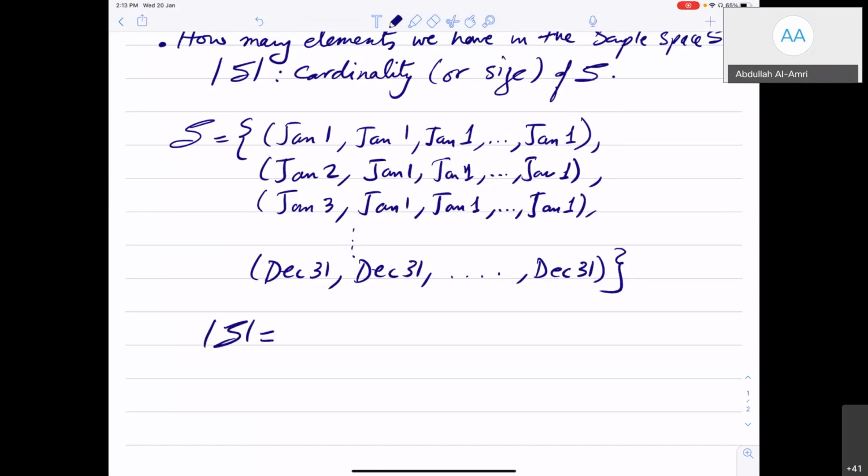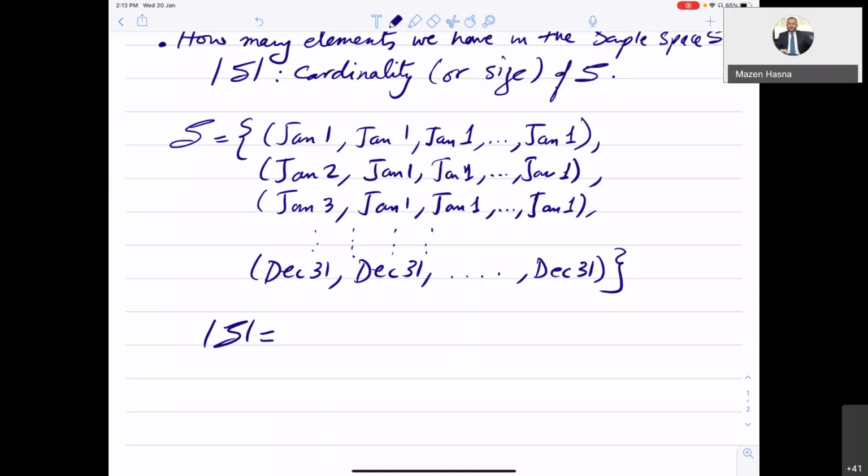But it's possible that, for example, the first student could be on January the 2nd, and the fourth student will be on January the 2nd also, and so on. Yes, if you write this all out, you will cover that.